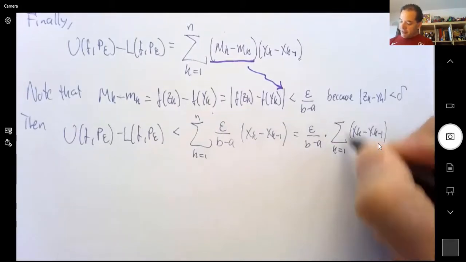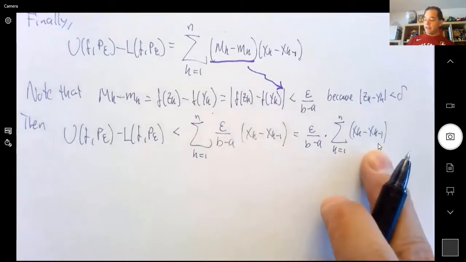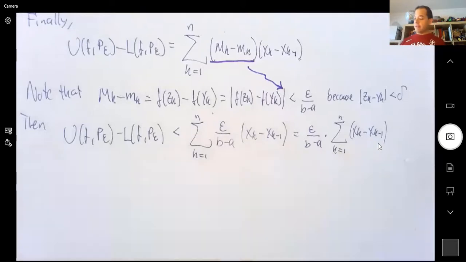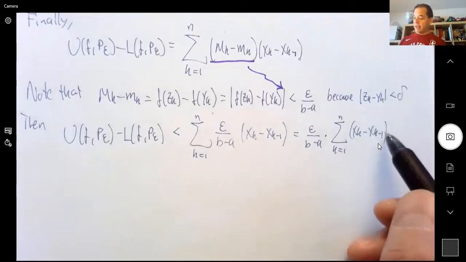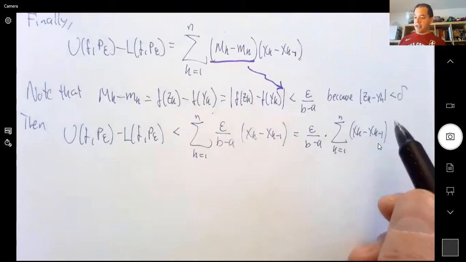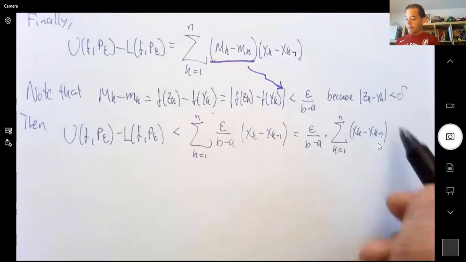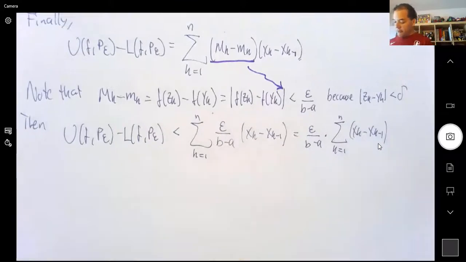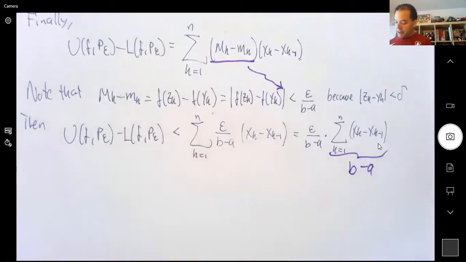But if you realize, this is just adding the lengths of all the intervals, right? Or in other words, this is a telescoping sum. And all the terms are going to cancel except the first and the last. And the first and the last are xn and x0. And xn and x0 are b and a. So this is the sum of the lengths of the intervals. So this quantity over here happens to be b minus a.